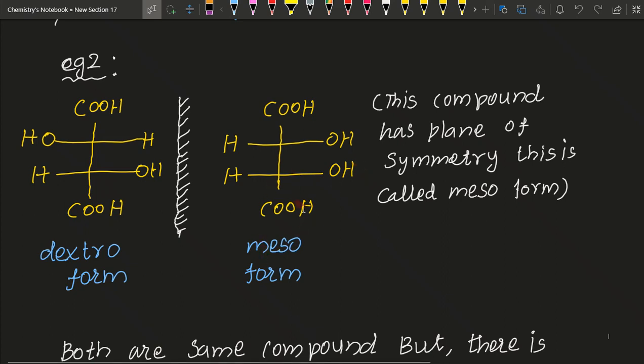So these types of compounds: meso form, dextro form. The meso form has a plane of symmetry, that is why it does not give any optical activity, and this is not a chiral compound.